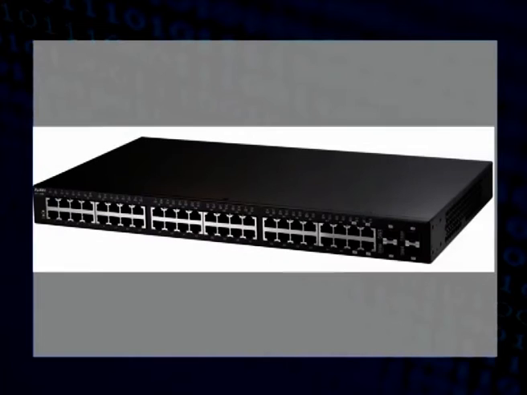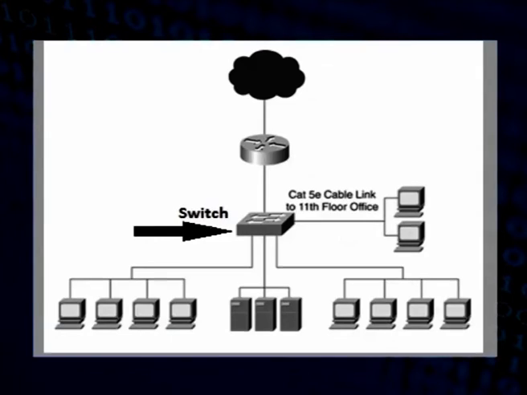Now, we will discuss the switch. A network switch is a computer networking device that is used to connect devices together on a computer network. A switch is considered more advanced than a hub because a switch will only send a message to the device that needs or requests it, rather than broadcasting the same message out of each of its ports.